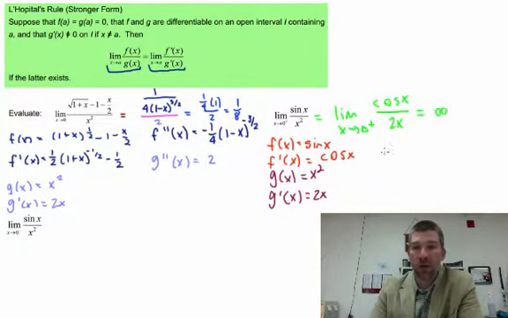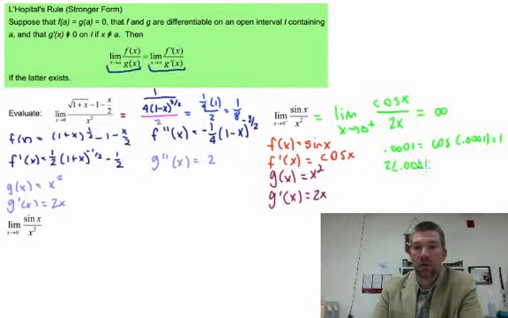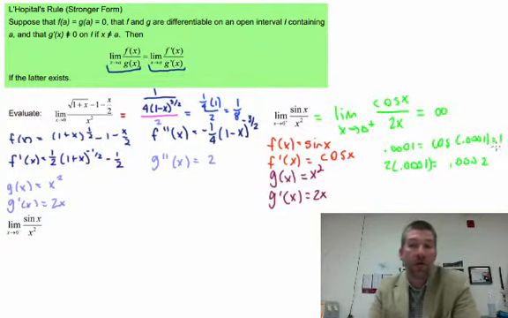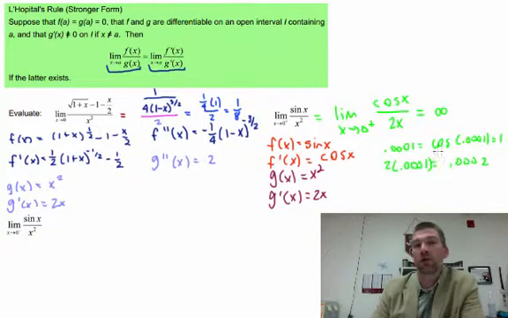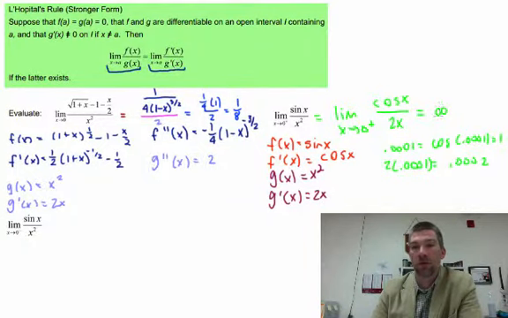If we look at, say, 0.0001, the cosine of that is going to be a number that's really close to 1. But 2 times 0.0001 is 0.0002. Well, 1 divided by 0.0002 is a pretty large number. So as we get closer to the x coordinate of 0, our graph increases and goes to infinity.